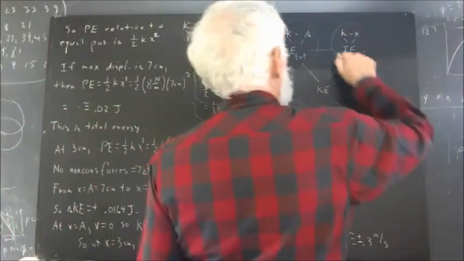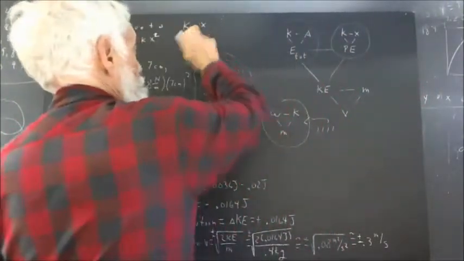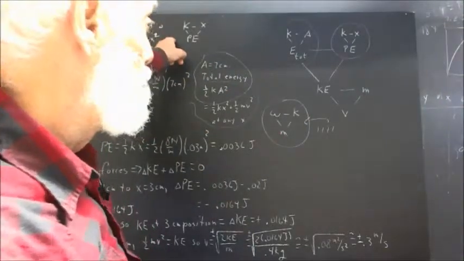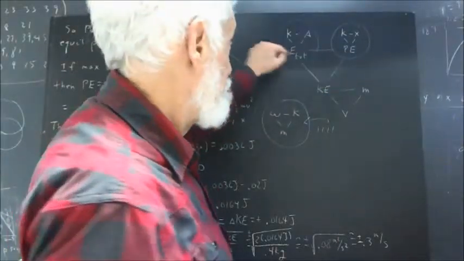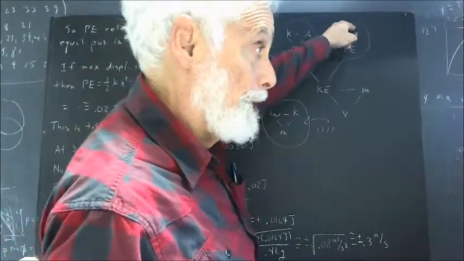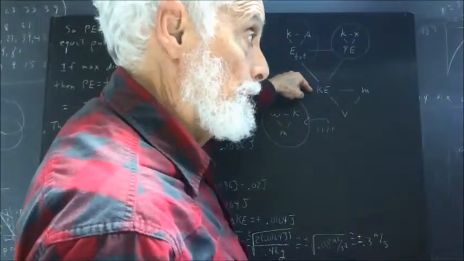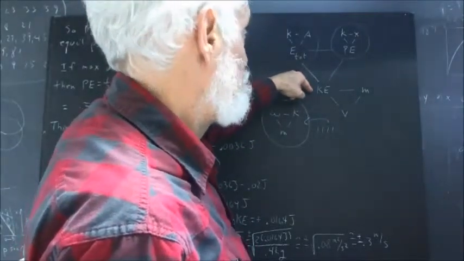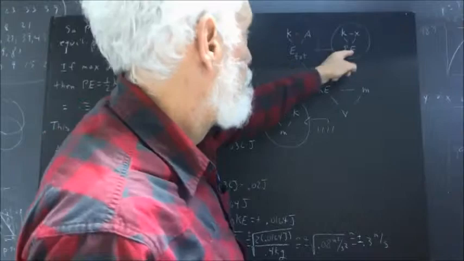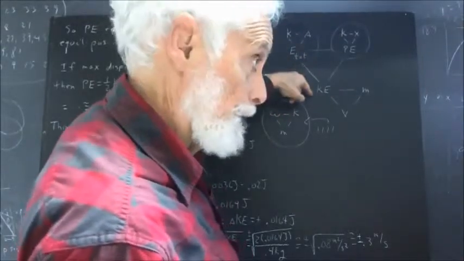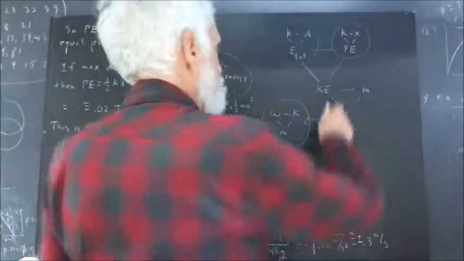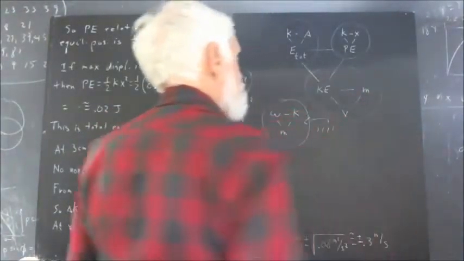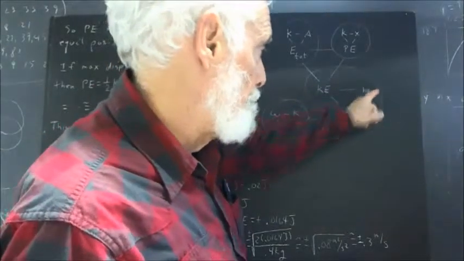And then, of course, we have the same triangular relationship we had here, and that gives us our potential energy. So here's our total energy, here's our potential energy at position x, and now we can infer the kinetic energy. We subtract the potential energy at this position from the total energy, and that gives us our kinetic energy. And now we're back on very familiar ground because we know how kinetic energy and mass and velocity are related.